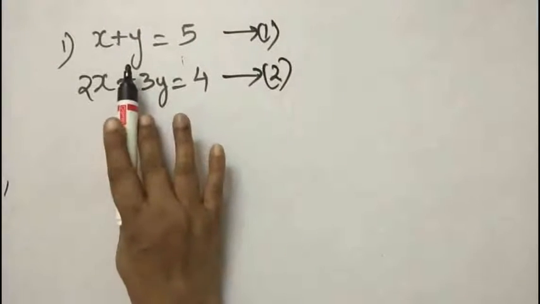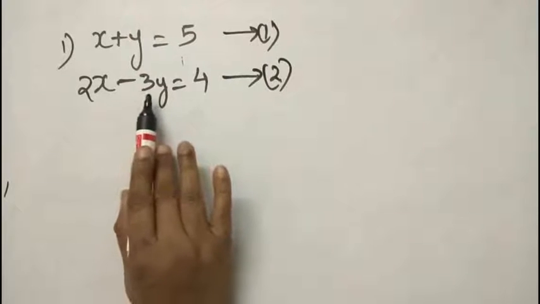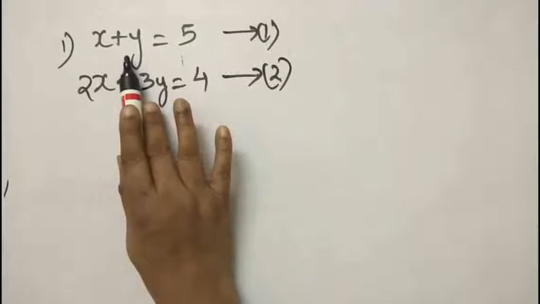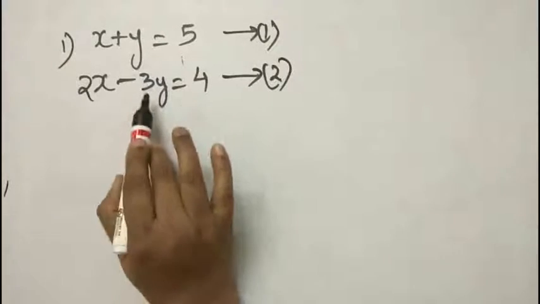If you observe equations 1 and 2, here the coefficient of Y is 1, here it is minus 3. So if I multiply equation 1 with 3 and add these two, the terms of Y will be eliminated.